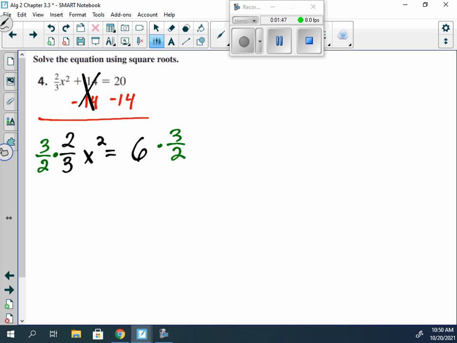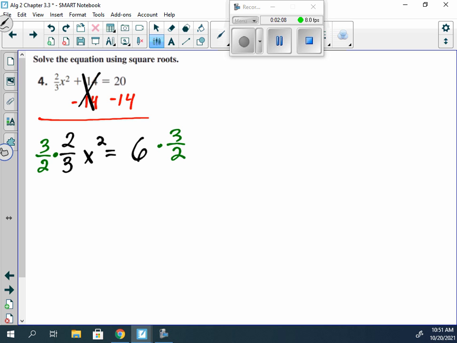Now, if we had a calculator that would do it for us, we can go on and simplify. If I have a calculator, we could do 6 divided by 3/2, and it would give us just fine. If I don't have a calculator handy, it's a little bit easier to multiply by the reciprocal.